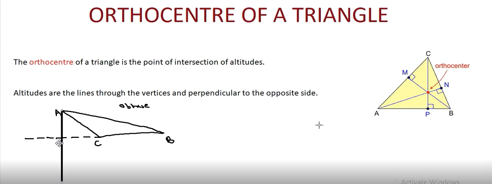So this is our altitude from the vertex A to BC. Here the angle is 90 degree.